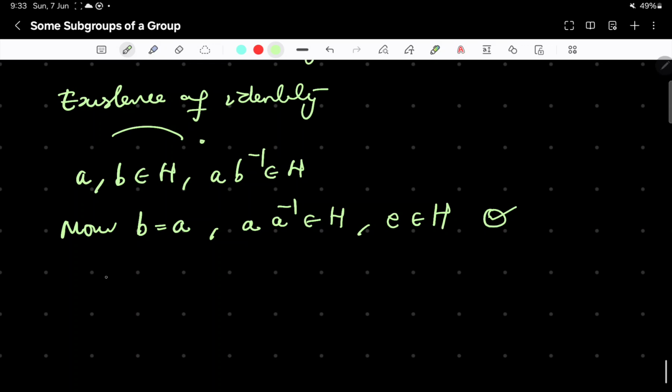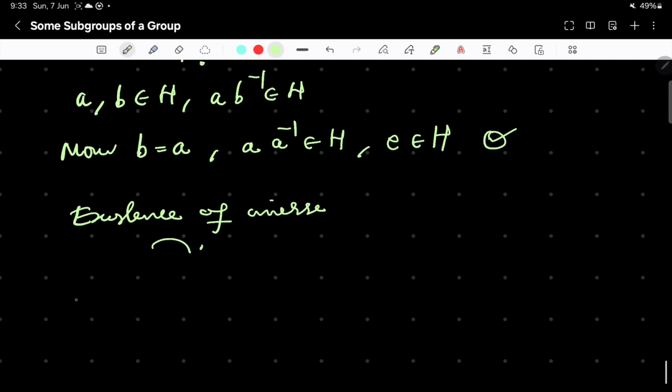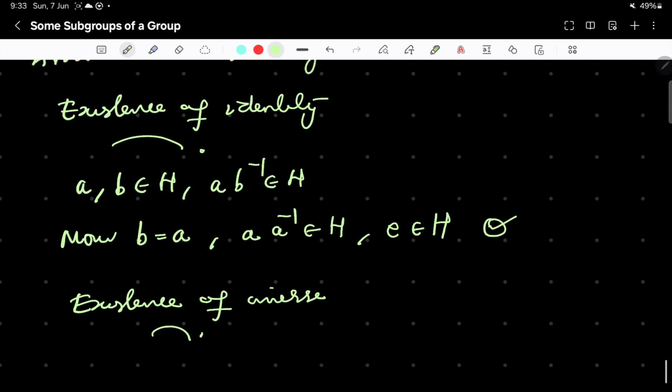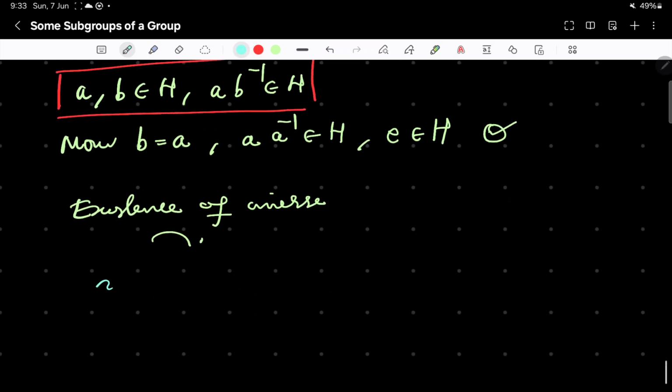Now let's prove the existence of inverse. We should always look at this fact and accordingly we put a and b.